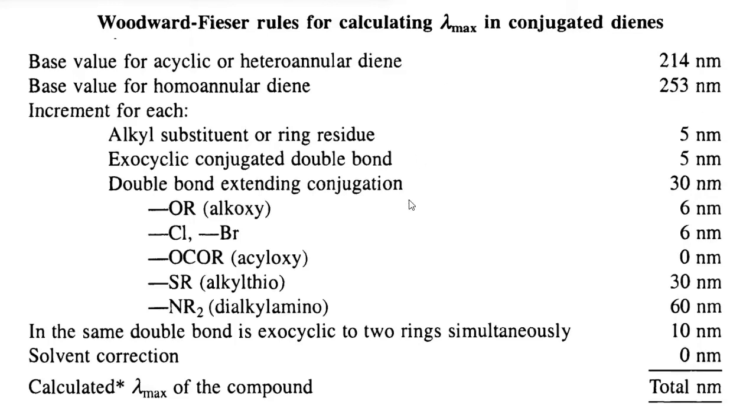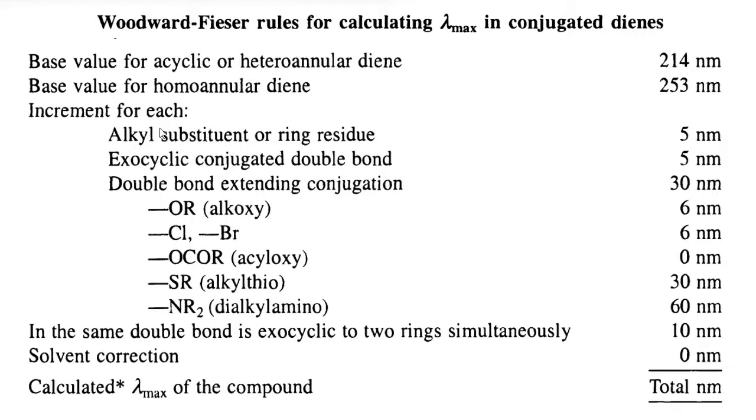Then we have to give increments for alkyl substituent or ring residues, exocyclic conjugated double bond, and double bond extending conjugation. Also certain substituents may be present in the system, and these contribute some increments that also have to be considered.